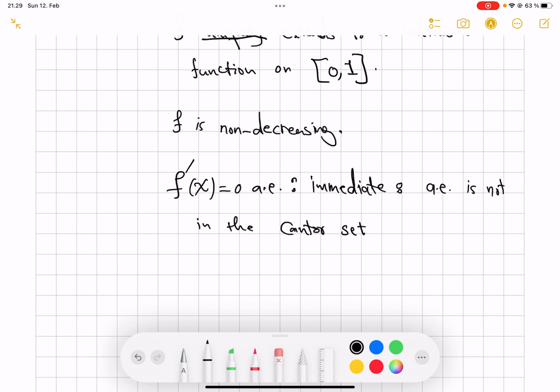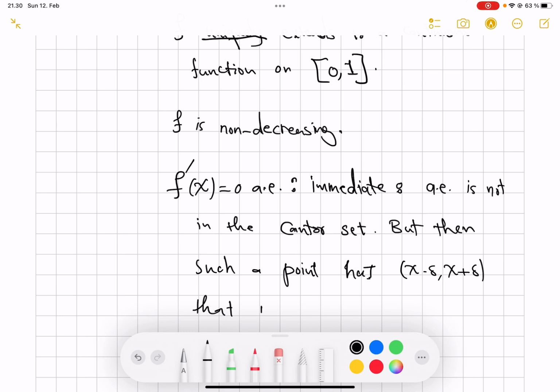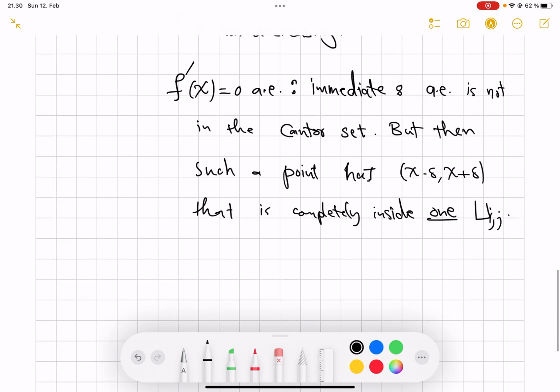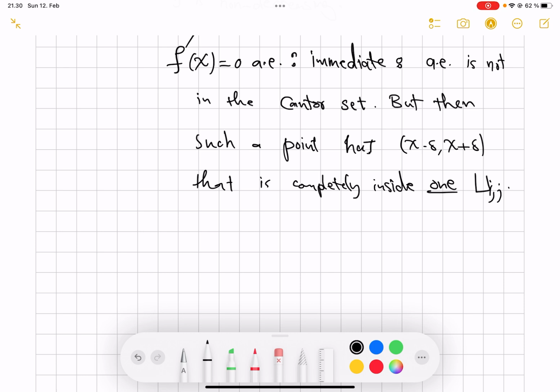If x is not in the Cantor set, such a point has some neighborhood, so you can do plus minus delta, that is completely inside one single U_ij. Well, if x is not in the Cantor set, it's in the union of the U_ij's, so it belongs to one of them.